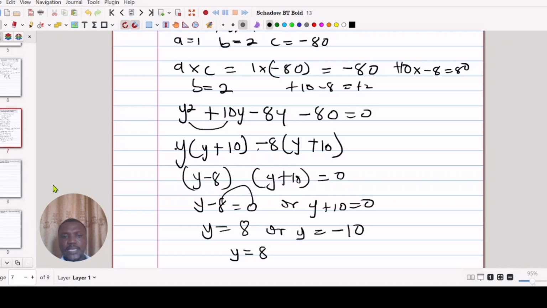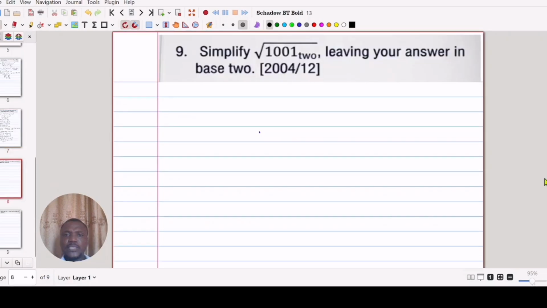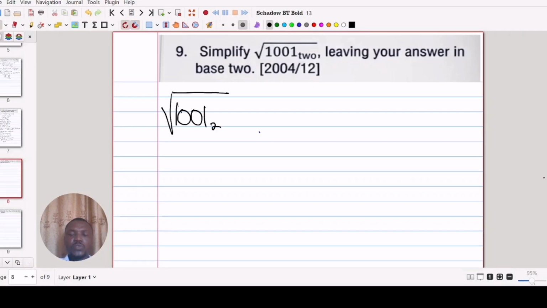So we move to the next question, which says simplify root of 1001 base 2. So the first step is this: change that 1001 base 2 into base 10.